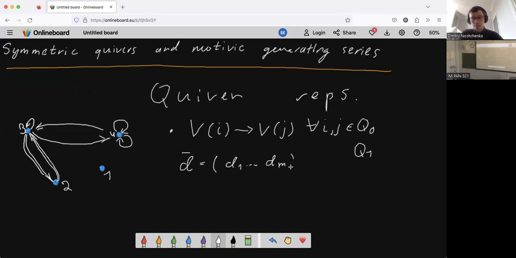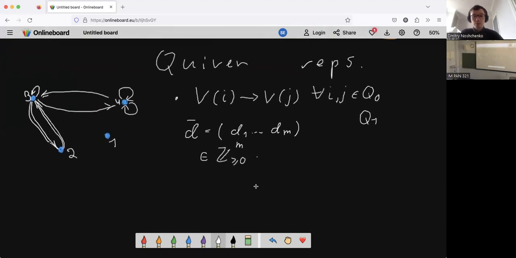In this particular example, m equals 4 in this quiver. So you can think of this vector as running through all non-negative values, so this could be the m-fold product with non-negative entries. Yes, so this is the basic data, and now we want to make some specialization.